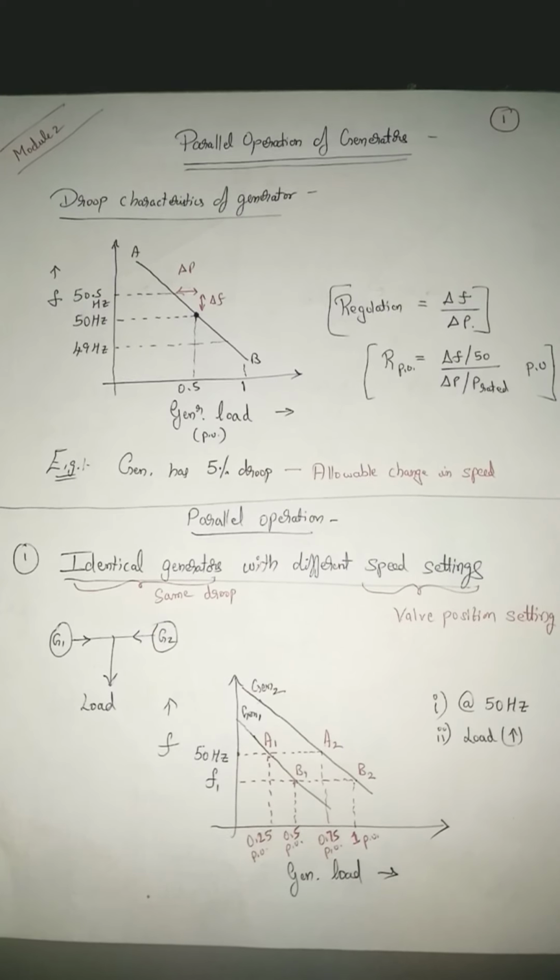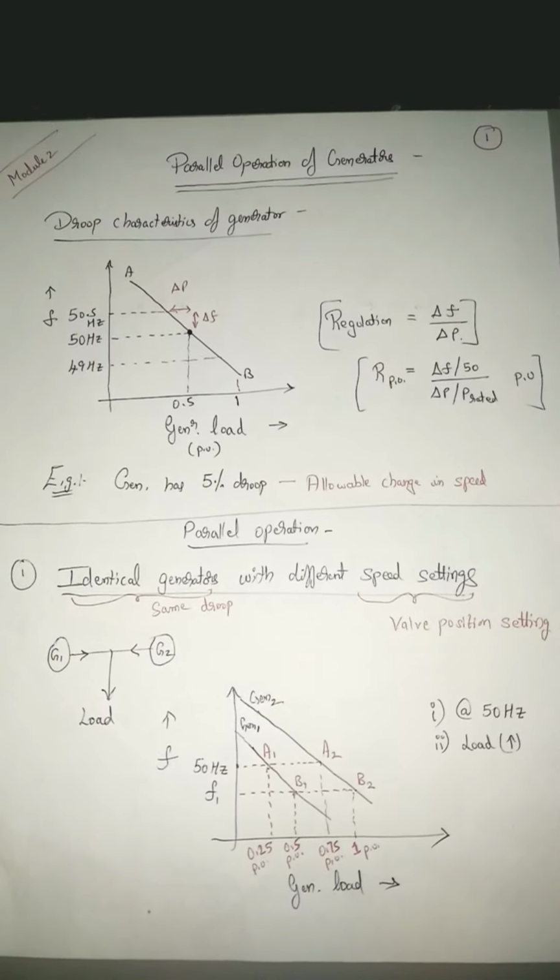I repeat, whenever there is an increase or decrease in the load demand, the speed is going to vary, and that variation in speed is 5% of the nominal speed. It might be plus 5% or minus 5%, depending upon whether it is a positive or negative load disturbance.